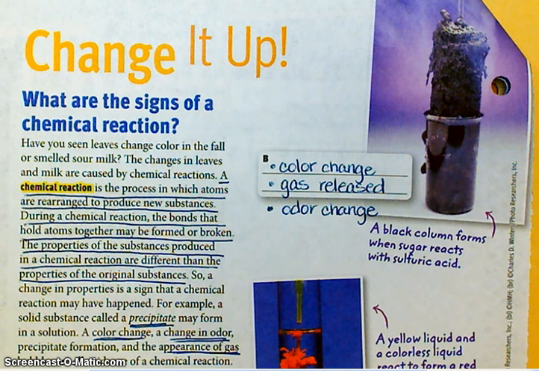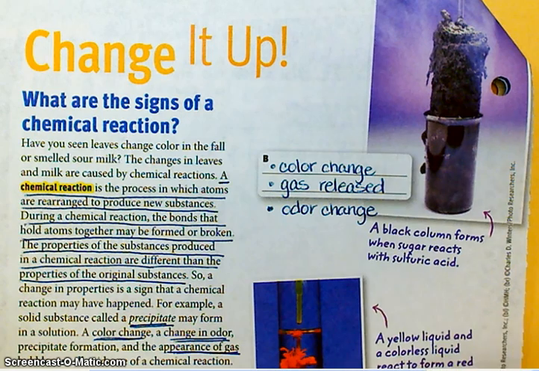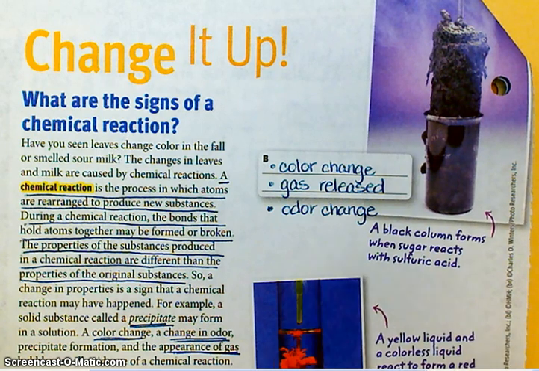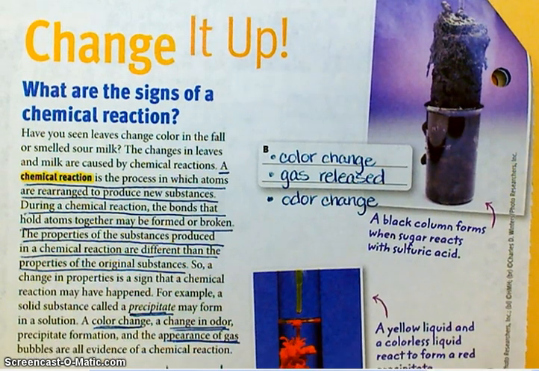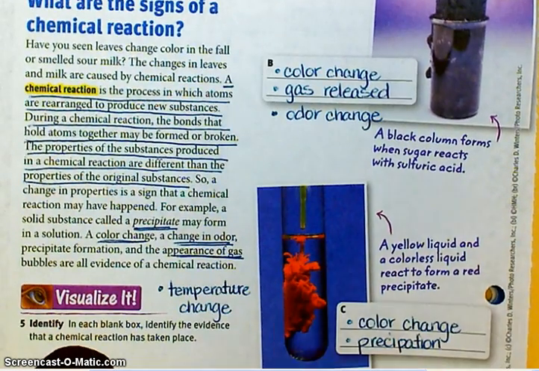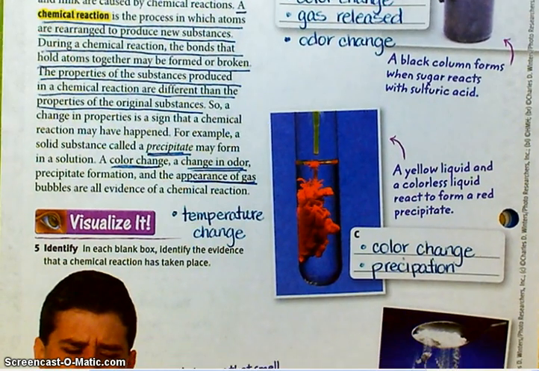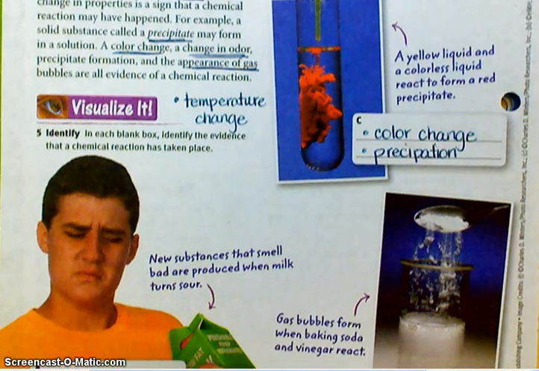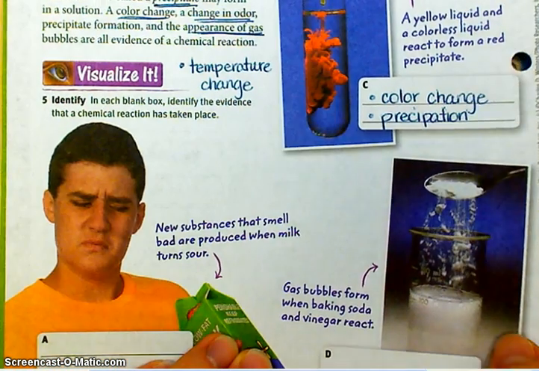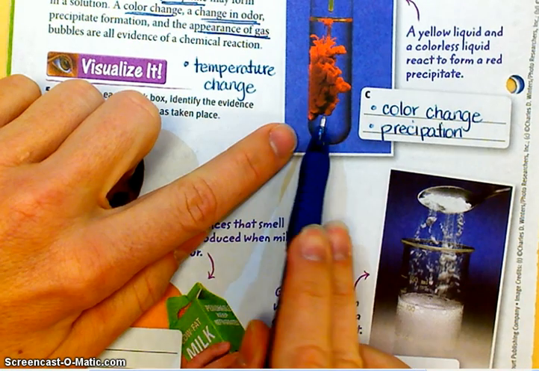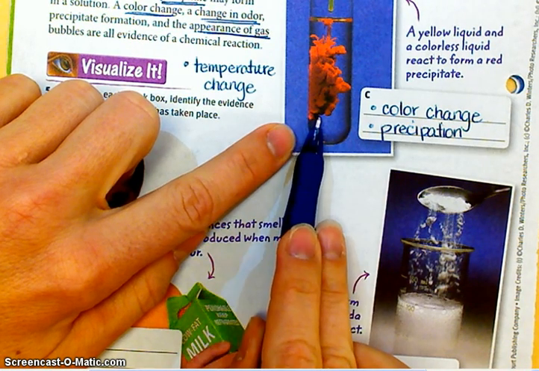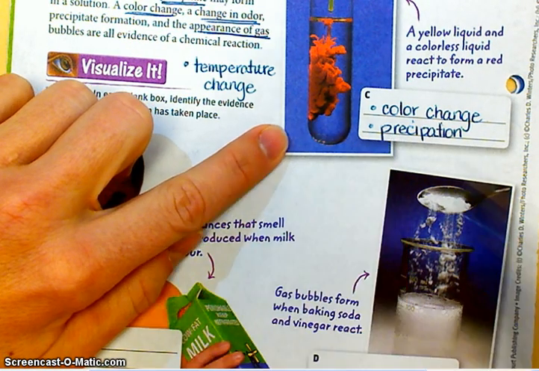And so that substance settles down to the bottom of the test tube. It doesn't stay dissolved. Okay? So precipitation. Okay? Down here, if you didn't get a chance for this, it's color change and precipitation.